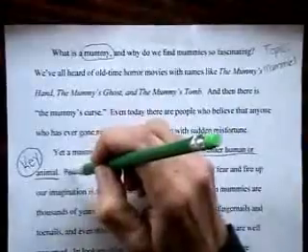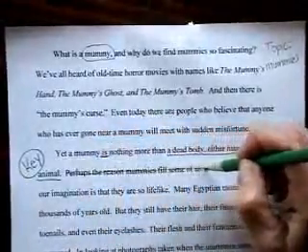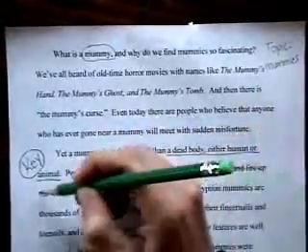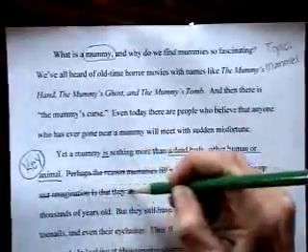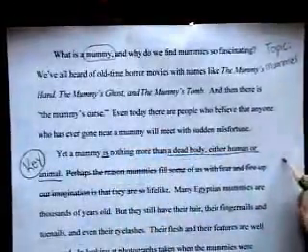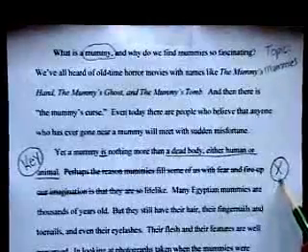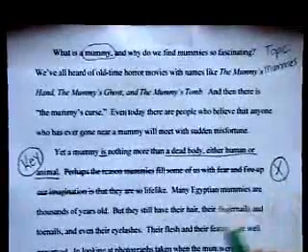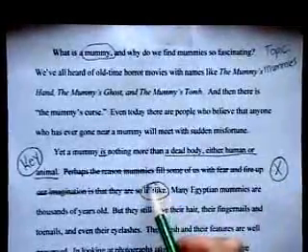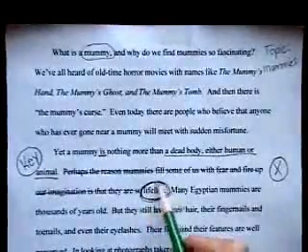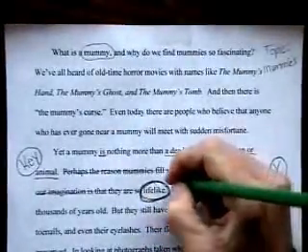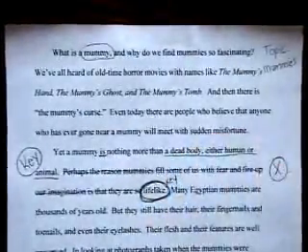So I'm going to delete that. I'm just going to get rid of this first part. And I'm going to put a little X in the margin to remind myself that I deleted some unnecessary material there. But I am going to keep the word lifelike because that tells me something about mummies that seems kind of key. So I'm going to hold on to that one.